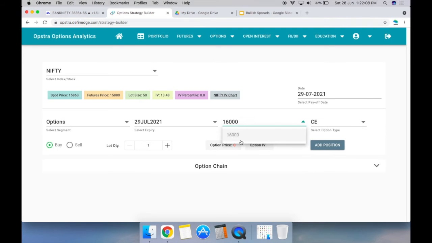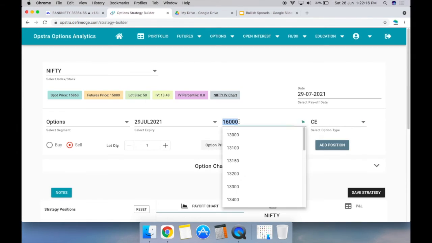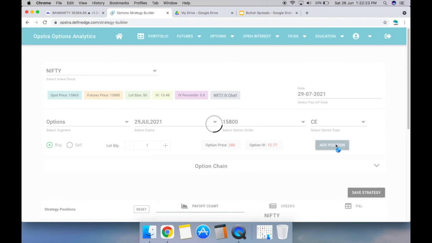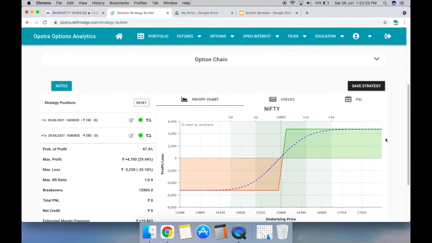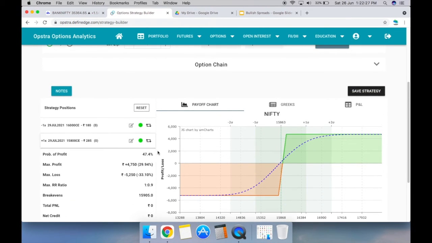So 16,000 call, we sell it, and 15,800 call we buy it, and here you have the bull call spread, right?